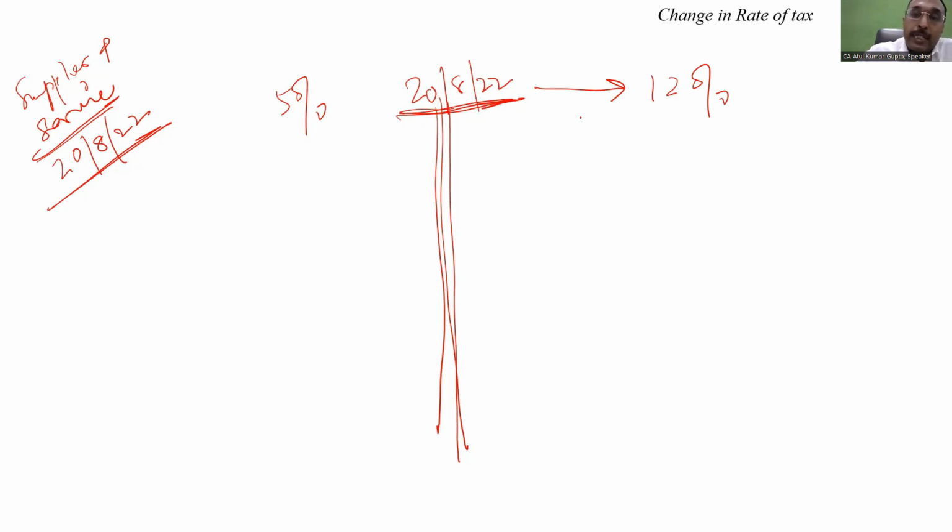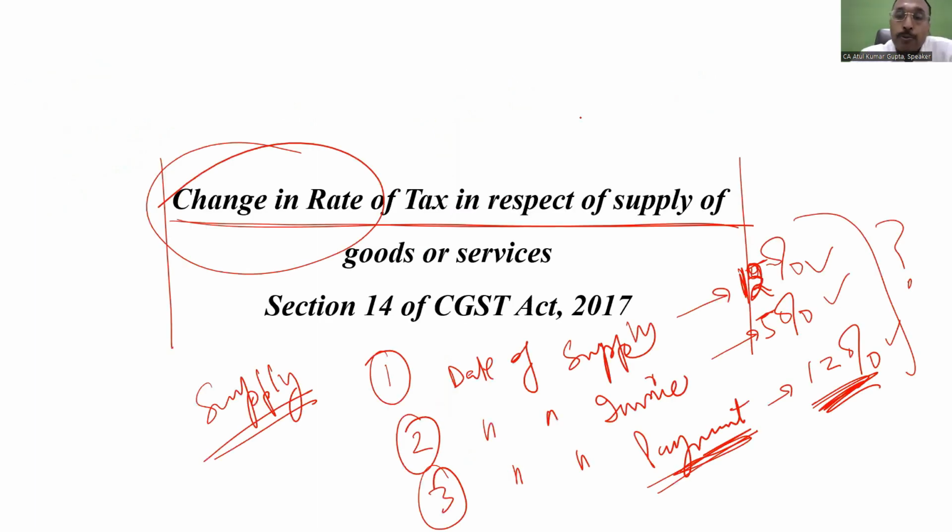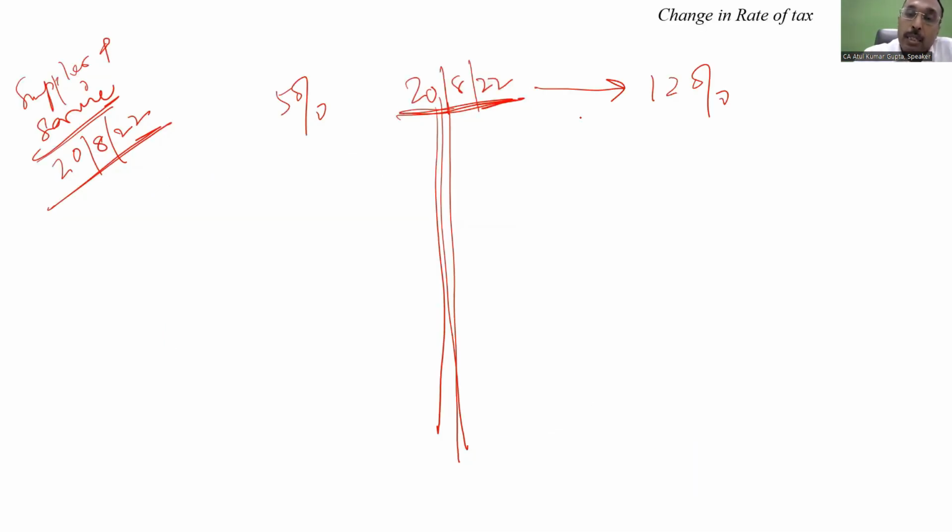Now, as we discussed, in this particular scenario every activity has three important dates. So let us again note all these three dates. The date of supply, when the service was supplied, let us assume was 10th of August.